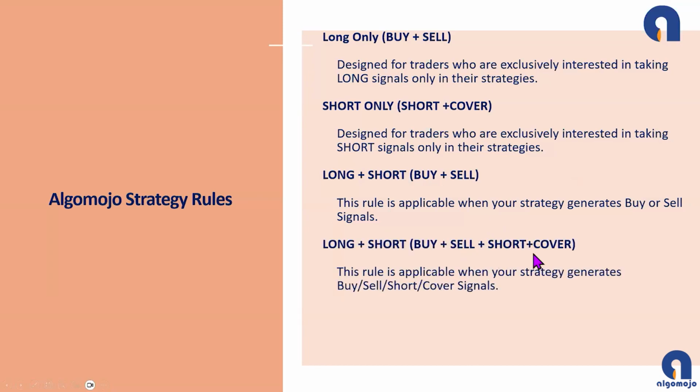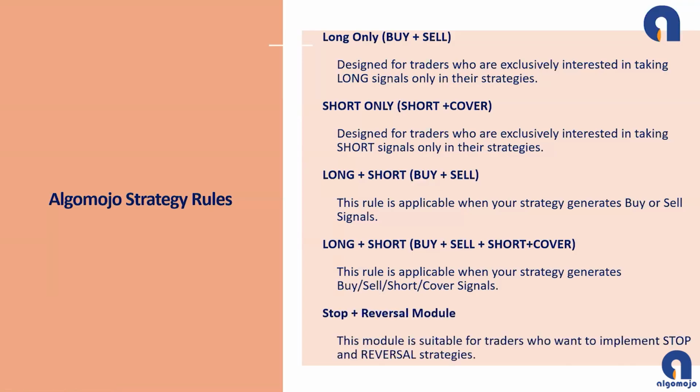The other one is buy, sell, short, cover. Short and cover is more to do with an Amibroker kind of environment, not in TradingView. Not many people send or use short and cover, otherwise the functions are similar. Then stop and reverse is for Supertrend kind of strategies. Use the stop and reverse module.